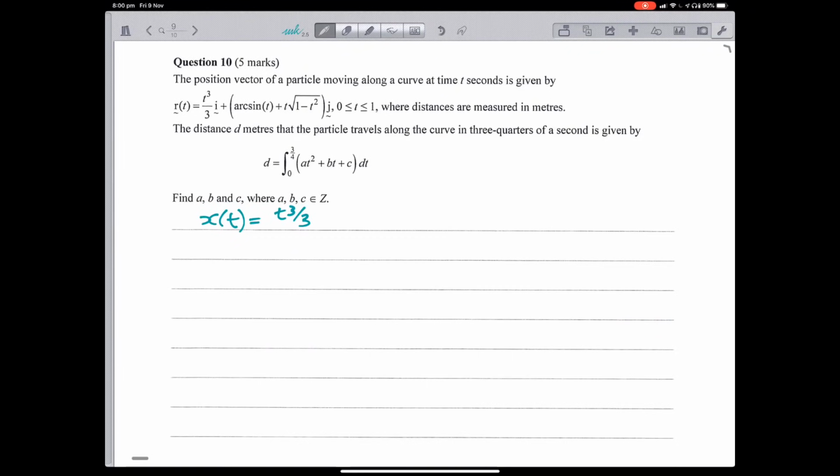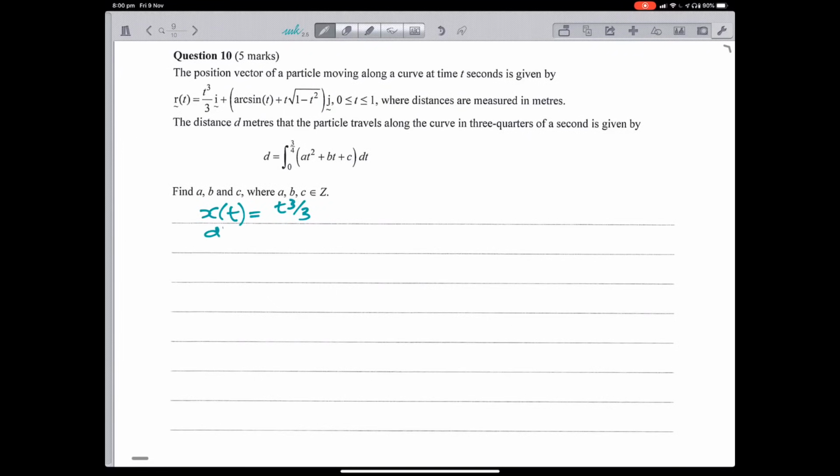Do I have to draw it? Yeah. So dx dt is t squared. Y of t is sine inverse of t plus t root 1 minus t squared.